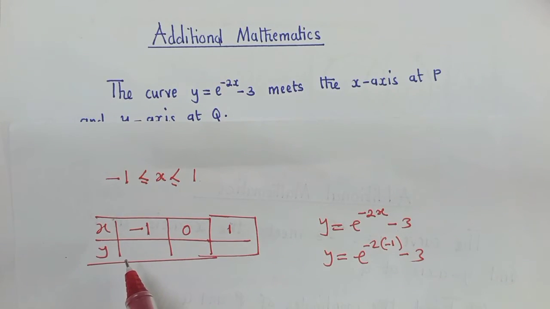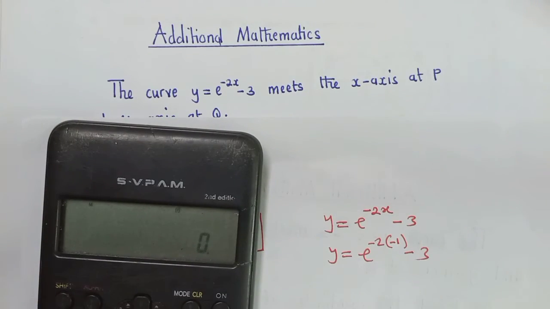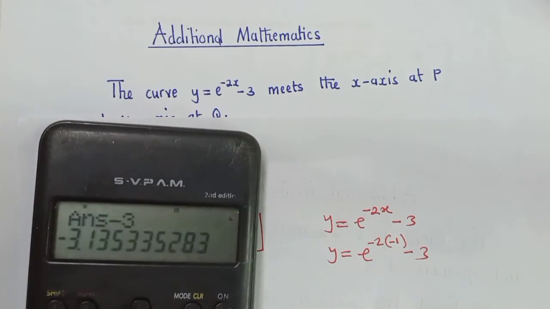What are we getting? So let me punch on my calculator: e power negative 2 multiplied by negative 1 minus 3. We are getting a negative 3.